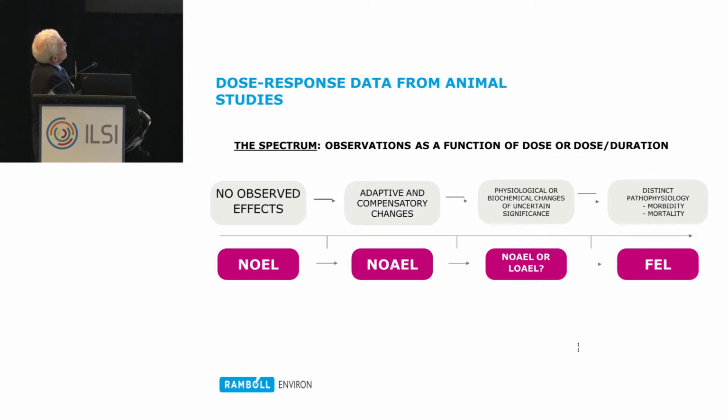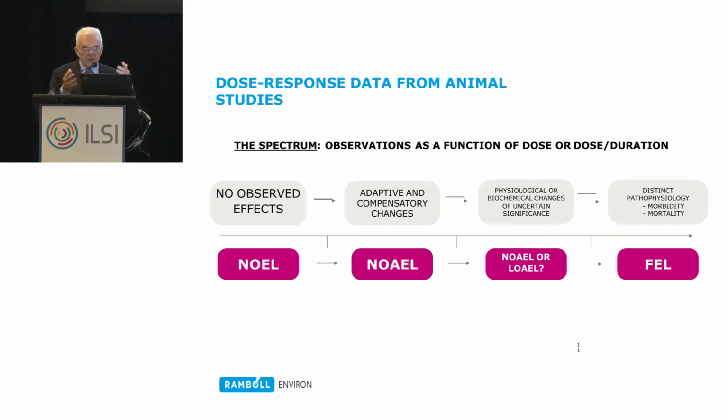This is the typical dose-response analysis, mostly from animal studies, where the dose increases from left to right, from no observed effects relative to controls to frank effects on the very far right. That's an old term that most people have forgotten about: FELs, frank effect levels, clear toxicity. The no observed adverse effect level is where there may be some effects, but they're not considered adverse.